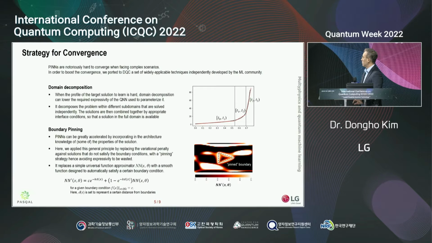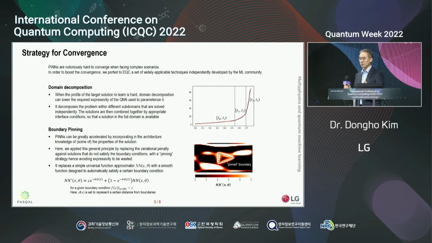Another important thing is the boundary pinning. Even if the trial function converges to the target function, sometimes the boundary pinning has a bad impact on the convergence. The most simple boundary pinning is this: we definitely know that the boundary condition is like a constant, right?